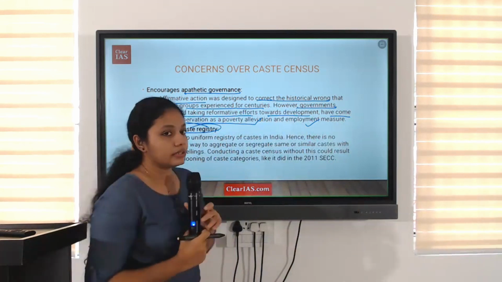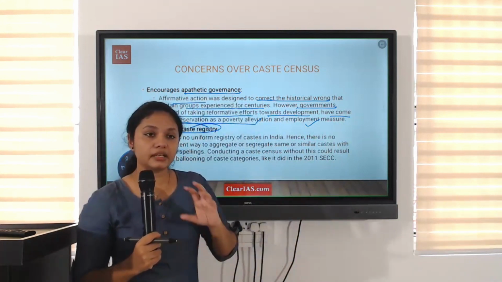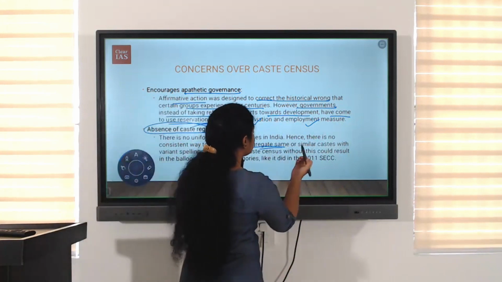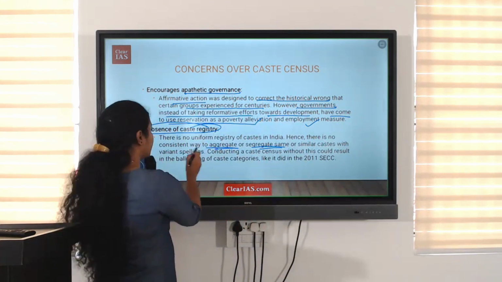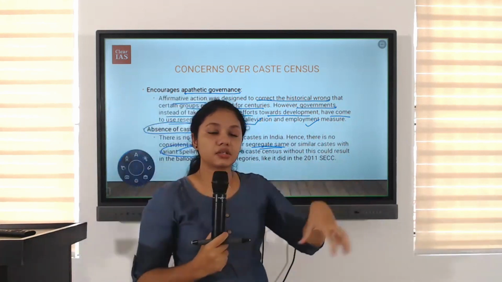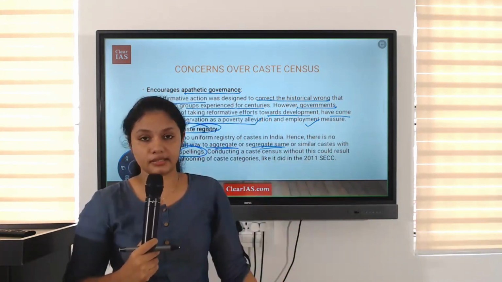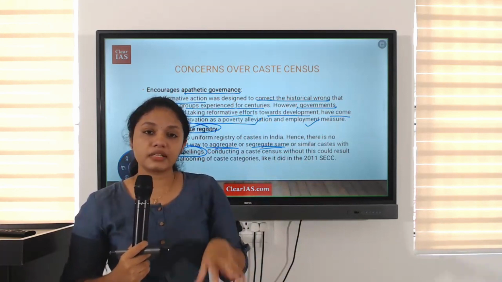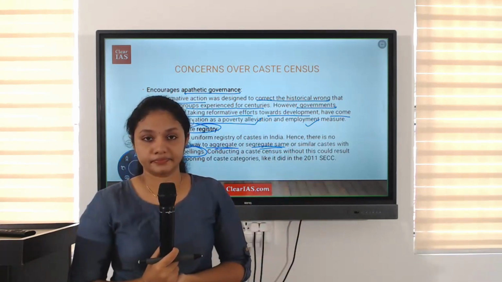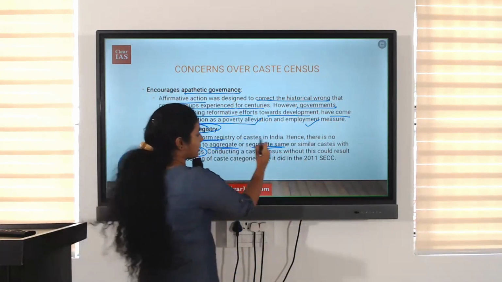Next one is absence of caste registry. There is no caste registry, so there is no way to aggregate or segregate the same or similar castes with variant spellings. Meaning there is no compact registry for the castes, so this will further aggravate the division based on caste. Clear? There is no uniform registry of castes in India.